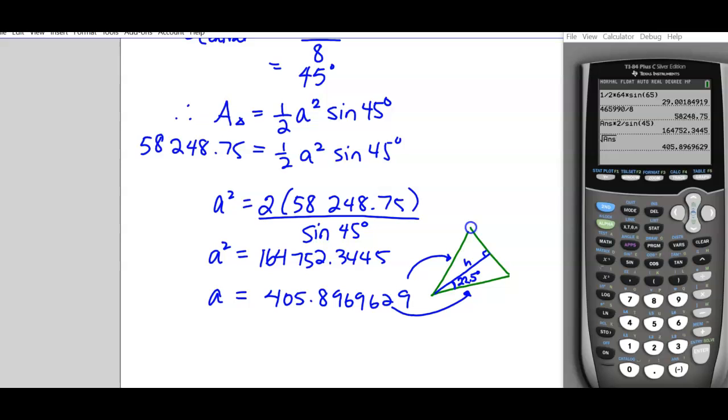In this case, I know this, and I'm trying to find this side. So this is the height, and this is actually the hypotenuse of that triangle. So adjacent and hypotenuse, that's cosine. So cosine of 22.5 degrees is the height of that triangle over this.